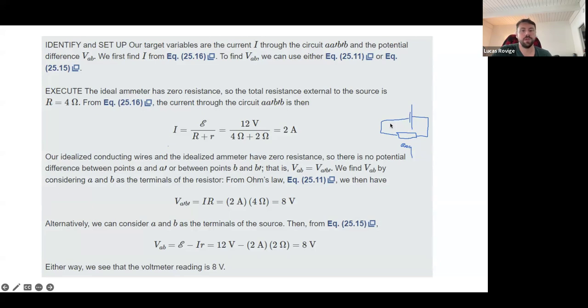And now we have the current flowing in our loop, so we can access the potential in our system.